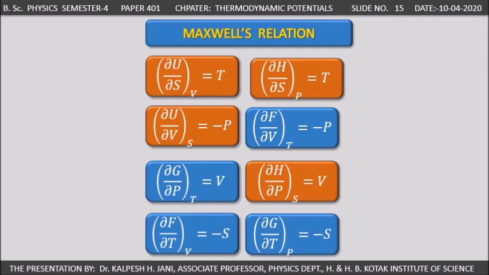So we have the temperature which can be defined by two ways, the pressure which can also be defined in two ways, volume can also be defined in two ways, and entropy which can also be defined in two ways. So finally each of the thermodynamic entities can be shown as the derivative of two types of the potentials.